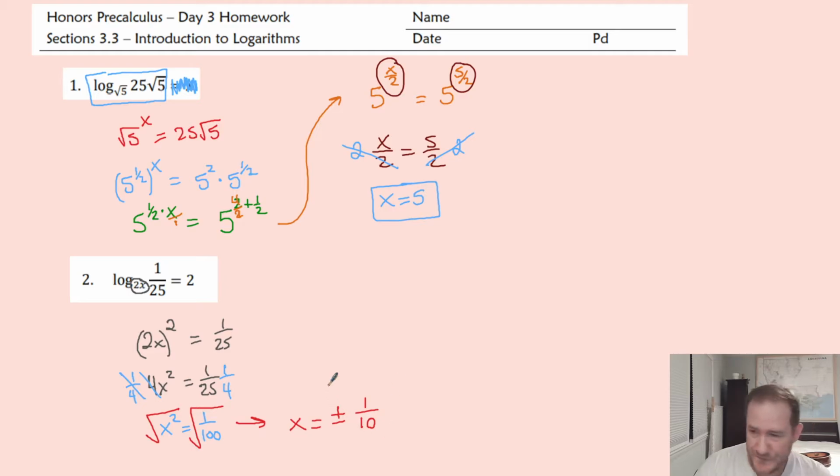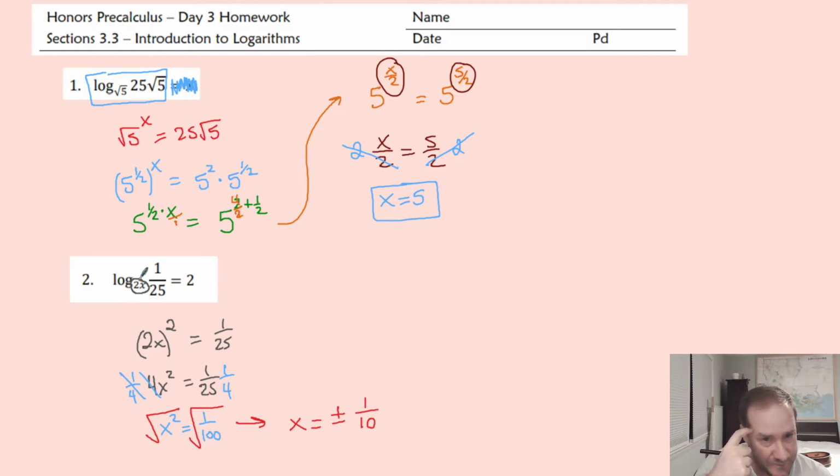Now don't forget that we do have the potential for extraneous solutions when we're working with logs. Logs have restricted domains, so if you're ever trying to take the log of a negative, that would be an extraneous thing you'd have to throw out. But here x is in our base. Our base has restrictions on the values it can be too, and it can't be negative. So even though algebraically we got negative 1/10 as a solution, the base can't be negative 1/10, because then 2 times negative 1/10 would be negative 1/5.